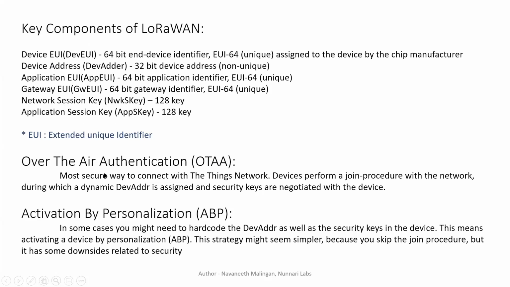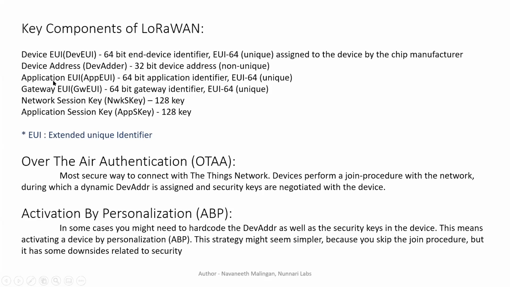Having all these keys in your hand, you need to add your device to the network. Let's say you have a Wi-Fi device, you have your username and password. Only when you give your username and password and connect, your device will be connected to the Wi-Fi network, right? Similarly you can use two methods. One is over the air authentication, OTA, and another is activation by personalization. Over the air authentication means you don't have to give all these keys.